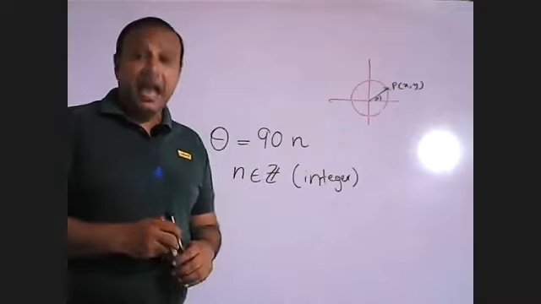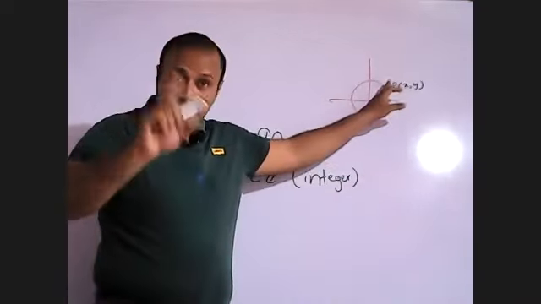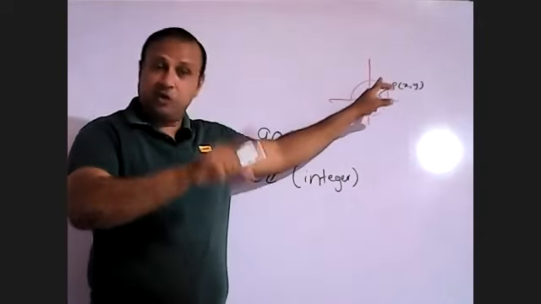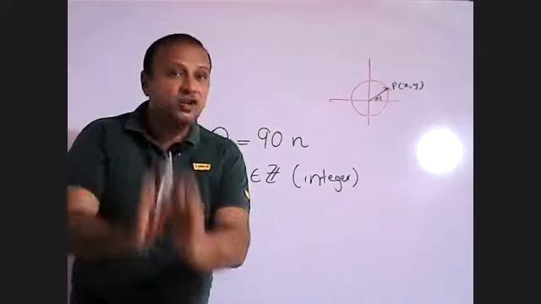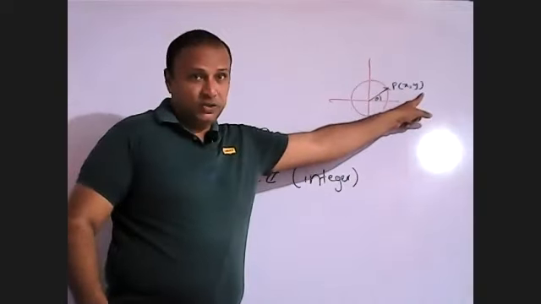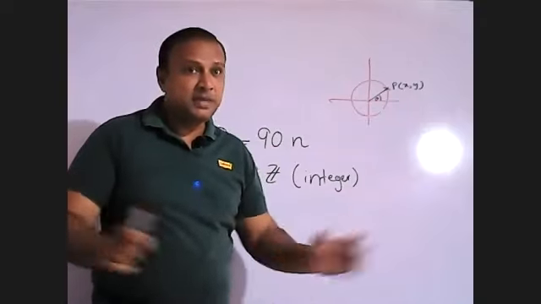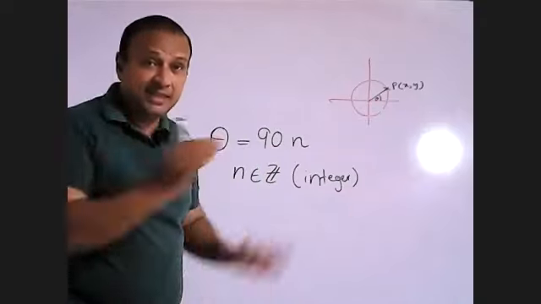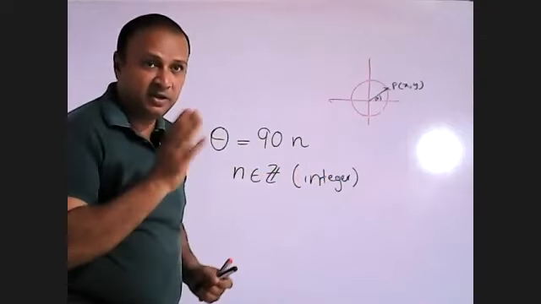Okay. Actually, according to our definition, sine and cos values are equal to x and y coordinates, no? Actually, as this is a unit circle, you have to understand this very carefully.